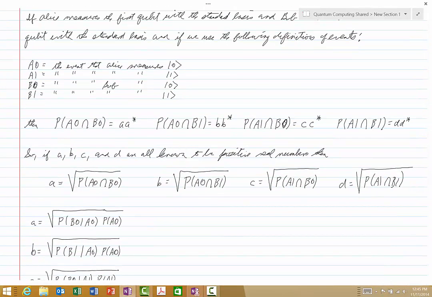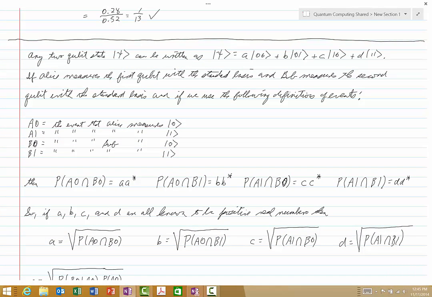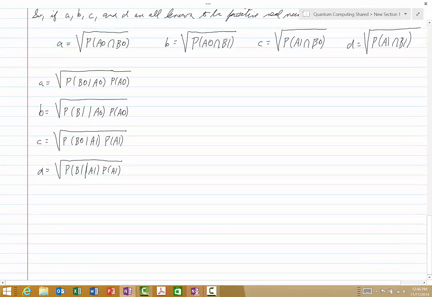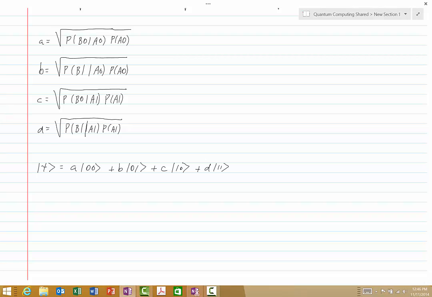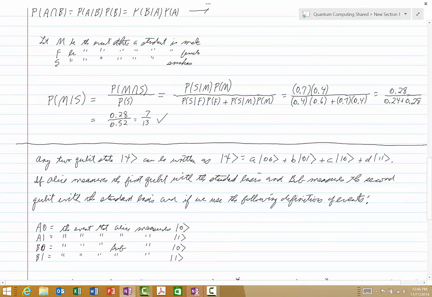Now let's go back. Instead of talking about probability, let's return to the physics and see what we can do with that. Keep in mind we have C. We wrote down that C is equal to A 0 0 plus B 0 1 plus C 1 0 plus D 1 1. And let me stress, this is for any 2-qubit state.